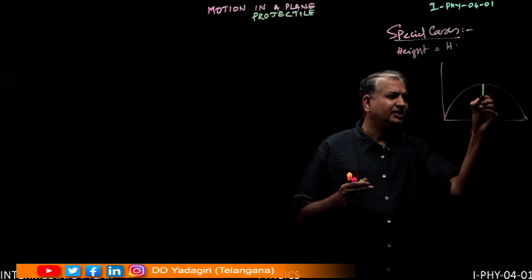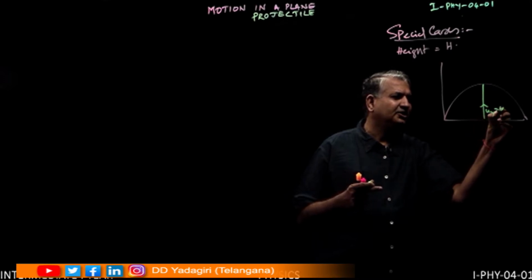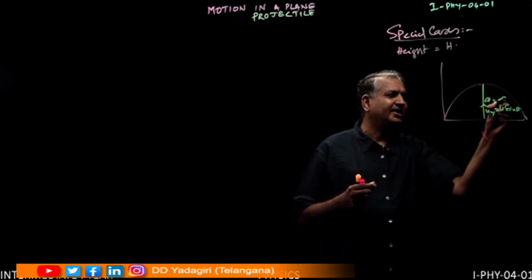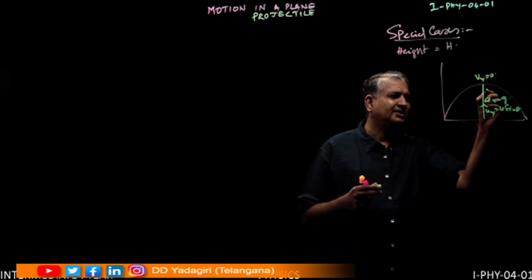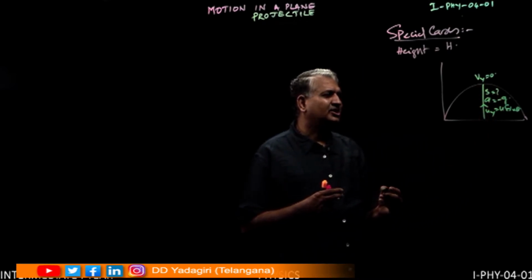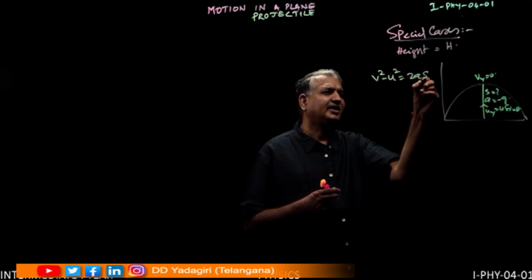So the initial velocity in the y direction is u sin theta, and the acceleration will be minus g, and the y direction velocity will become 0. I want to calculate this displacement, the vertical displacement. So we have to use v square minus u square equals 2as.